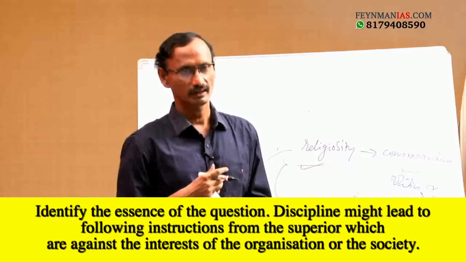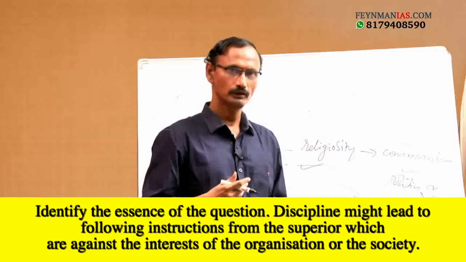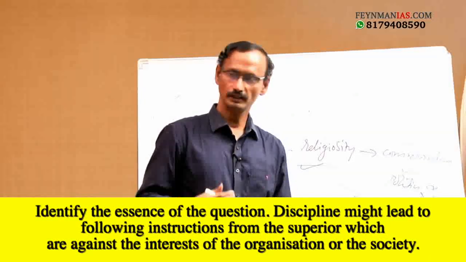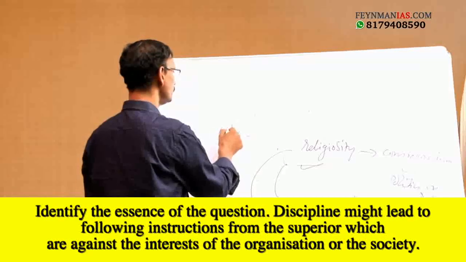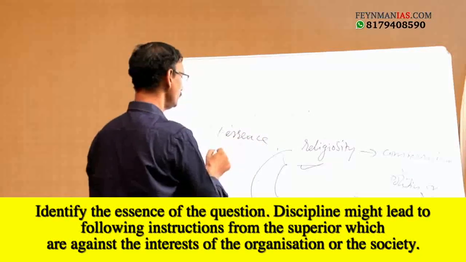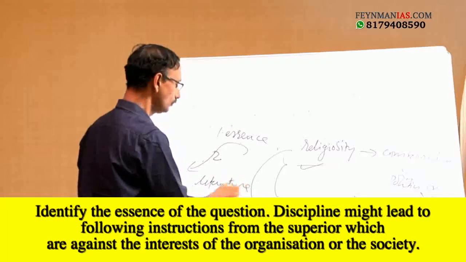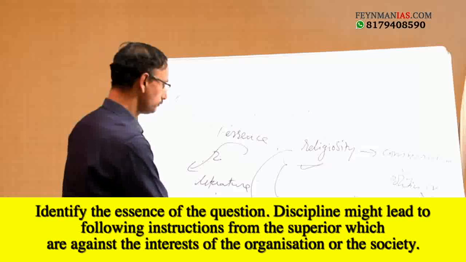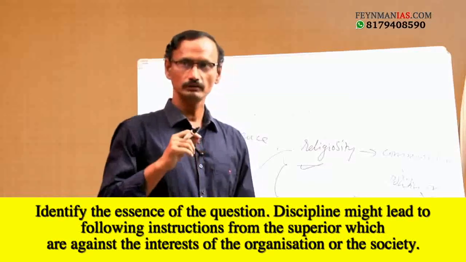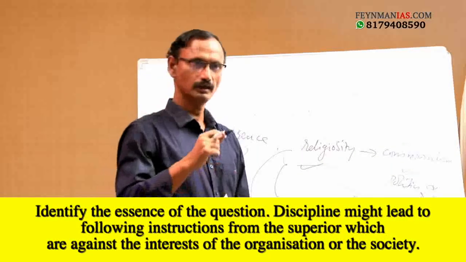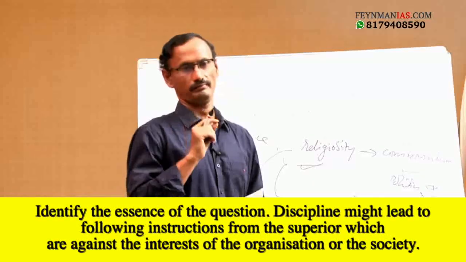So once you identify that discipline can be bad, then you will link it to the studies on non-conformity, and then you will produce the literature. So you take an essence and then go to the corresponding literature and develop a story. Okay, you should be in a position to construct a story on one simple single idea.